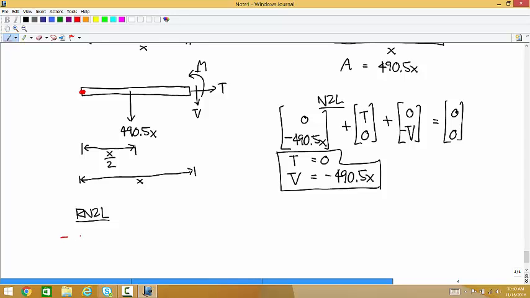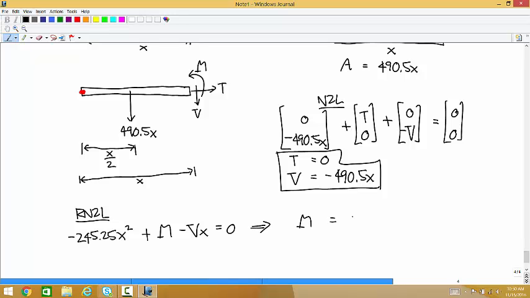Clockwise, so that's negative 245.25x squared, plus M minus Vx equals 0.